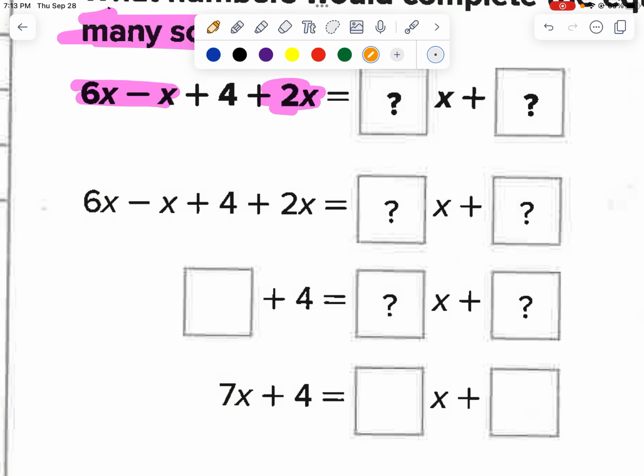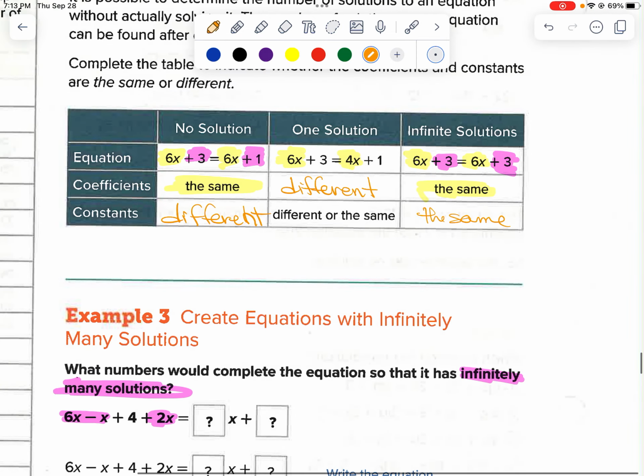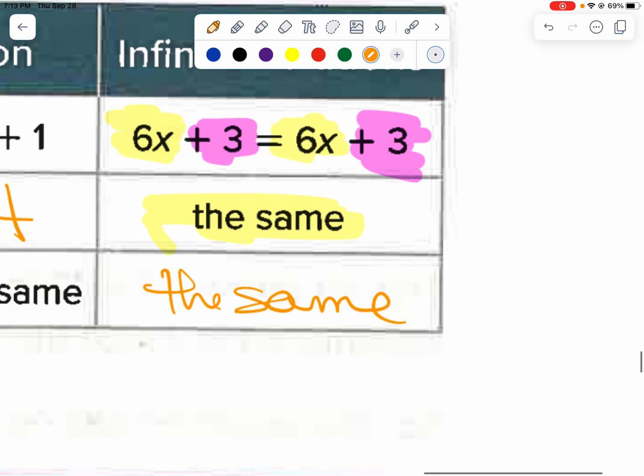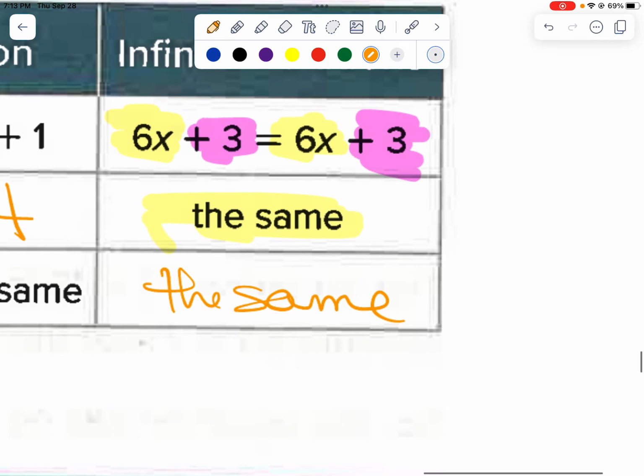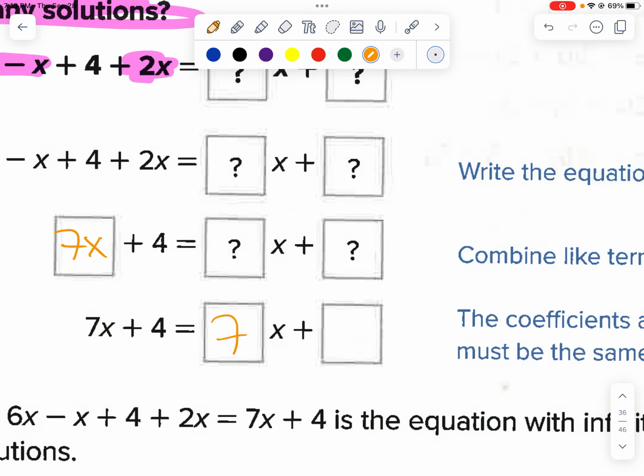Simplify. So 6x minus x will be 5x. 5x plus 2x is going to get me 7x. So we have 7x plus 4, and we want infinite solutions. We just said a minute ago, if it's infinite solutions, they have the same coefficient and the same constant. So same coefficient, same constant. There you go.